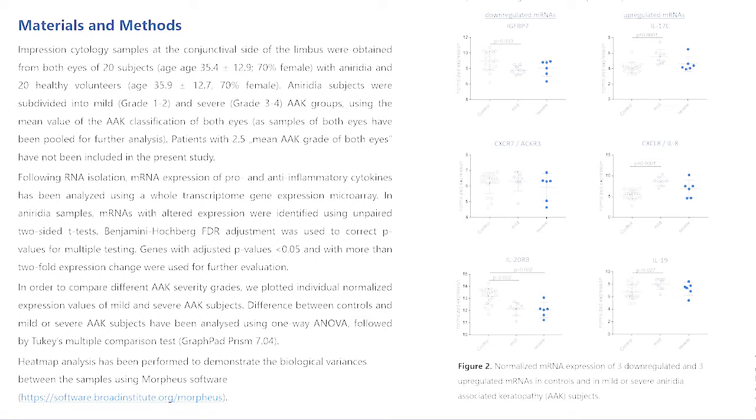We use a little stamp with a small filter paper in front, and with this stamp you can take samples from the conjunctiva. It's not very painful, it only takes a short time, and a lot of cells attach to the filter paper. We compared these samples from aniridia patients to normal samples, 20 patients and 20 normal subjects.